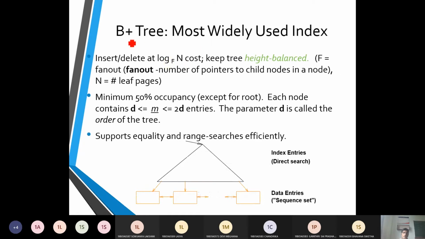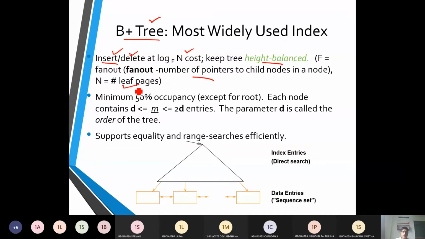Next, we have to discuss B plus trees. Here we look up with the insert operation and the delete operation, and we balance the height. The cost of building for an insert and for a delete takes log F, where F is how many children that node pointer is going to have.